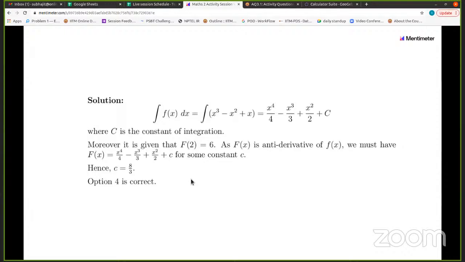Now F of 2 is given as 6. If I take the derivative of this capital F, I should get f x, right? So any constant will become 0. Now I put F of 2 equal to 6 in this equation, and then 8 by 3 will come out.